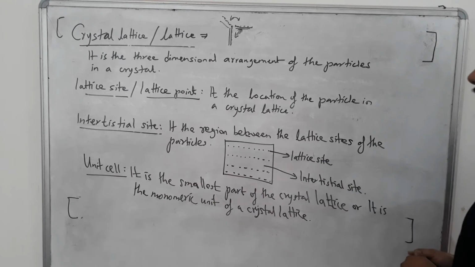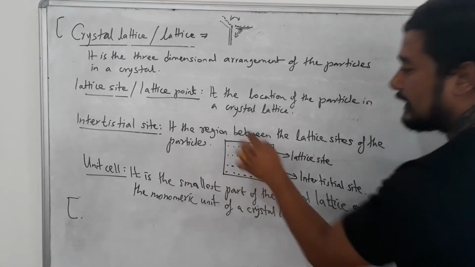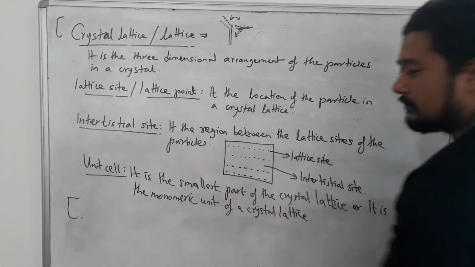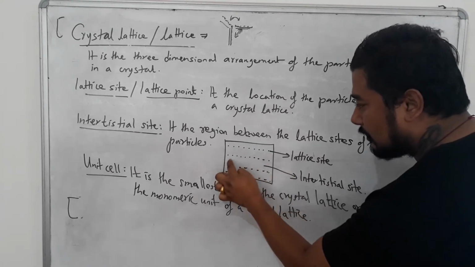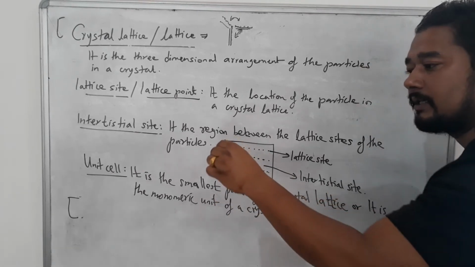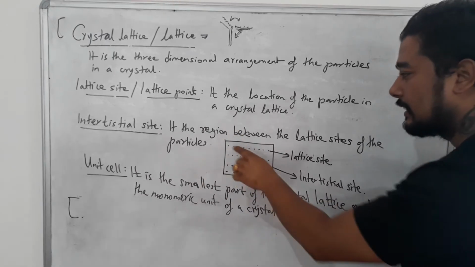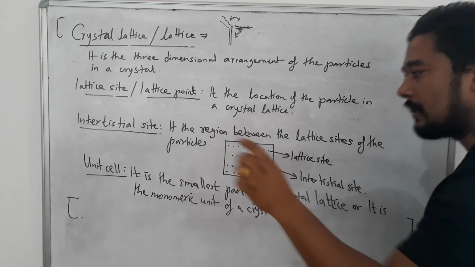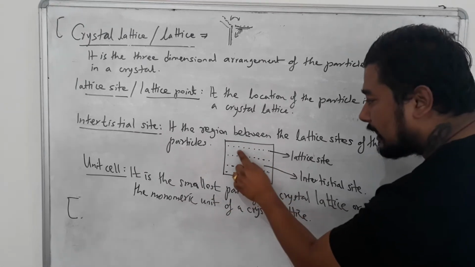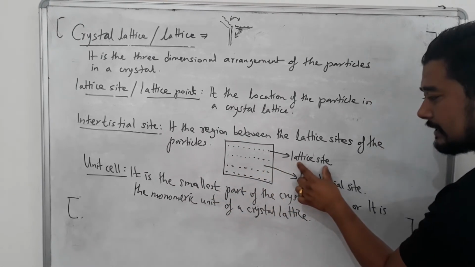So you can see from here. Let us consider this whole as a crystal, okay? And these are the particles arranged along x-axis, arranged along y-axis. Let us assume some particles are in this direction along z-axis. So wherever the particles are located, that is called lattice site.